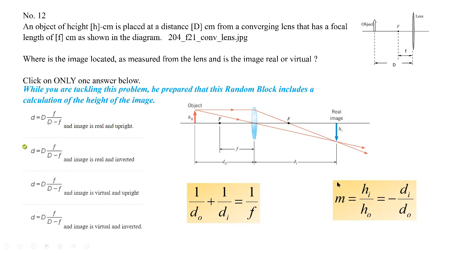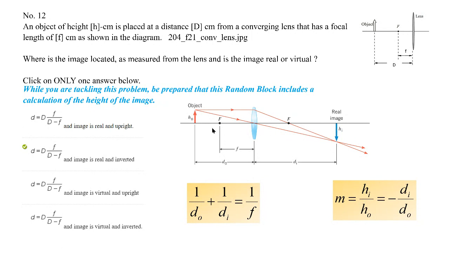But this formula tells you that if your object distance is d0 on this side of the lens, it's algebraically positive. And if your di is negative when you work it out, then the image will be over here.